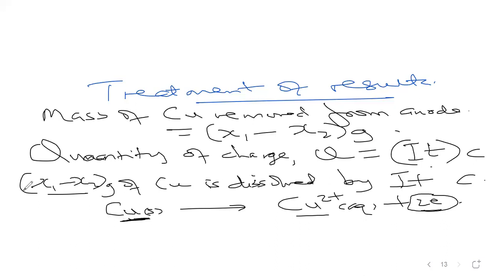But before we interpret that equation, if this mass of copper is dissolved by IT coulombs of charge, how about 1 mole? In terms of mass, 1 mole of copper is 63.5 grams. You understand the comparison?